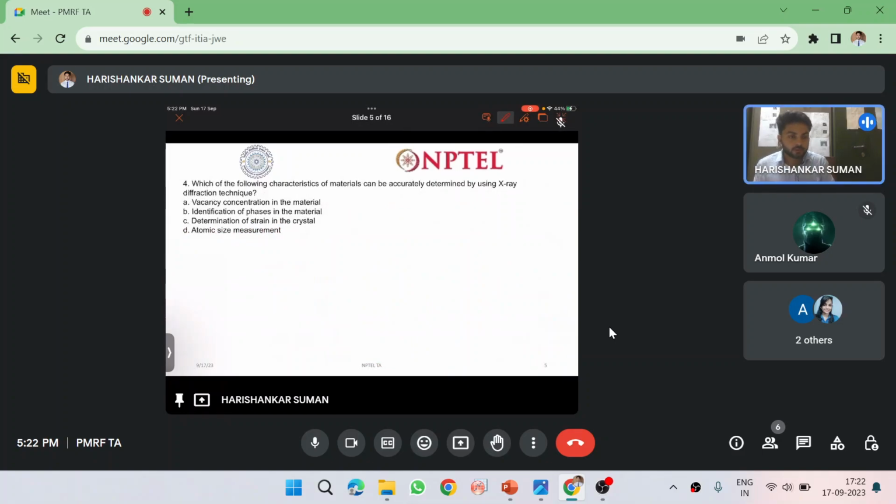Which of the following characteristics of the material can be accurately determined by using the X-ray diffraction technique? Vacancy concentration in the material, identification of the phase in the material, determination of the strain in the crystal, atom size measurement accurately by XRD. Please choose the correct option.